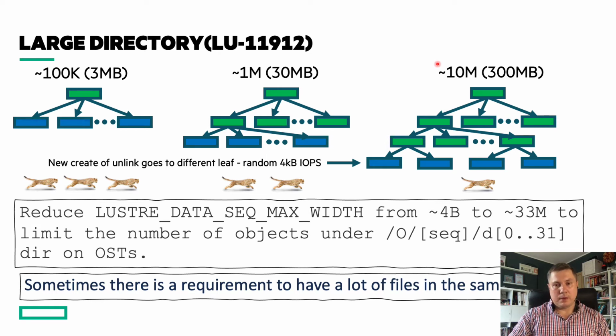So this is the reason why we should avoid using too large directories as much as possible. For example, on ASTs, quite large directories can be created currently because sequence is adjusted to have a lot of entries.